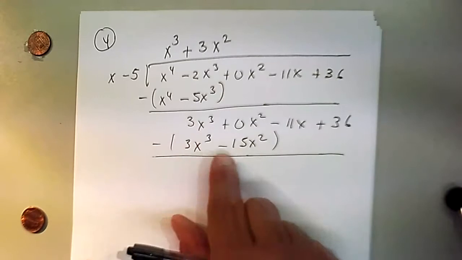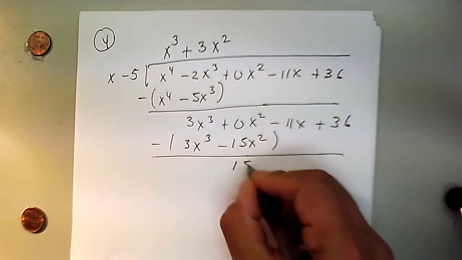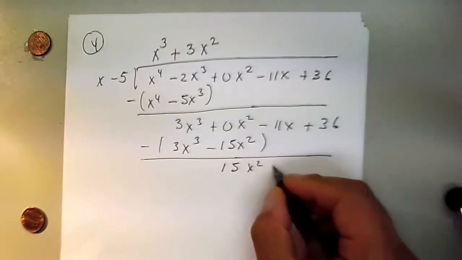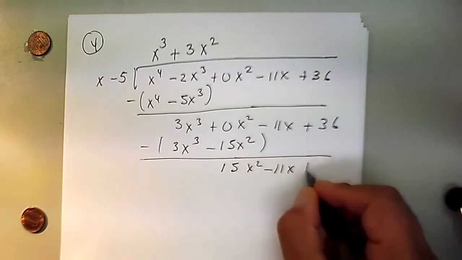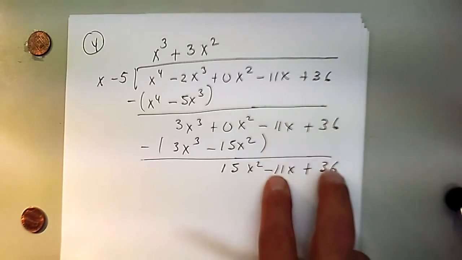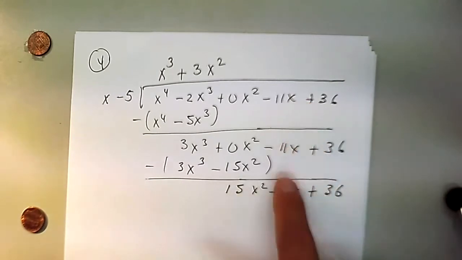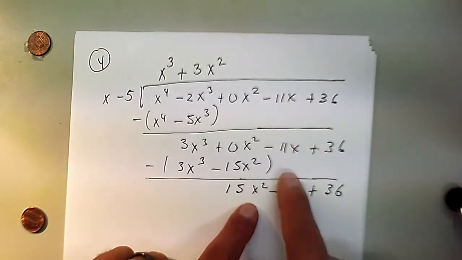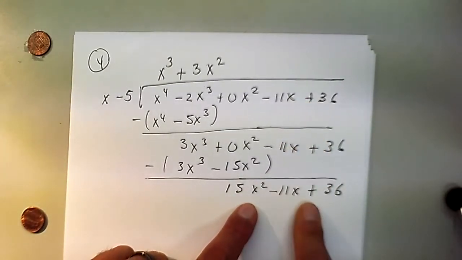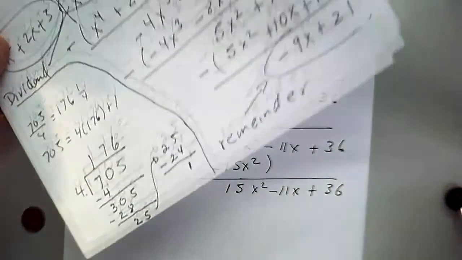Those 2 go away. That was by design. And then we have positive 15x squared minus 11x plus 36. See, those haven't been used yet, so that's why they could stay there. And not until there is a term underneath, then we can get rid of it. That's fine. We do that with the regular division.